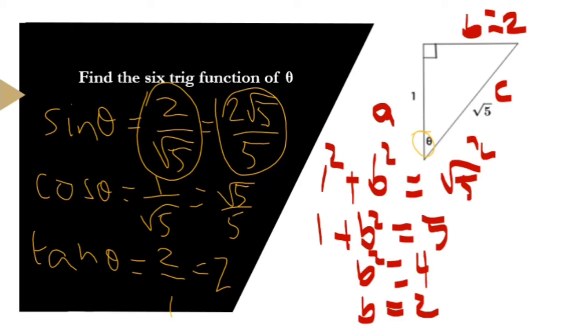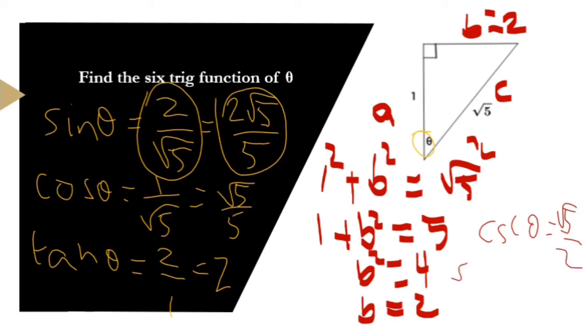So to get the remaining, we're going to have cosecant theta equal to root 5 over 2.